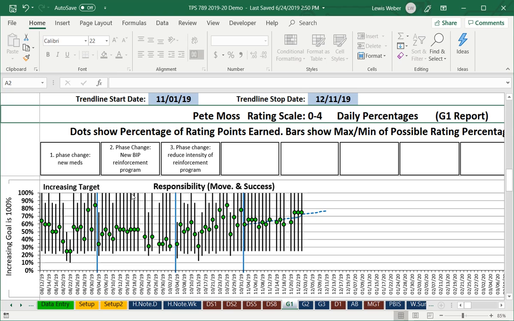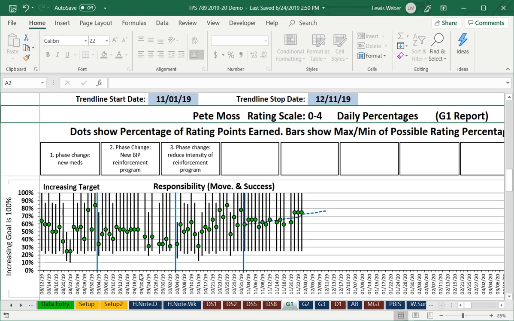But if occurrence doesn't change, like it does right here, then any variation in the green dots is due to the values of the ratings themselves, not due to occurrence, which makes for a complicated analysis. And that's why the G series is so complicated, because you can't just look at the dot. You have to look at the dot, you have to look at the top of the bar and the location of the dot on the bar.